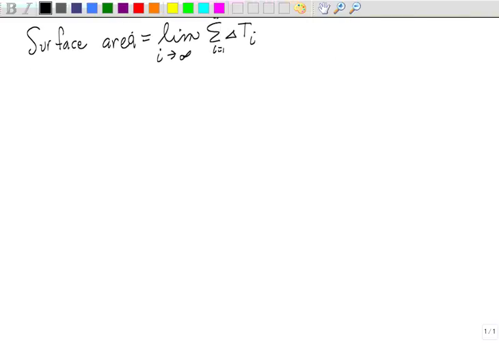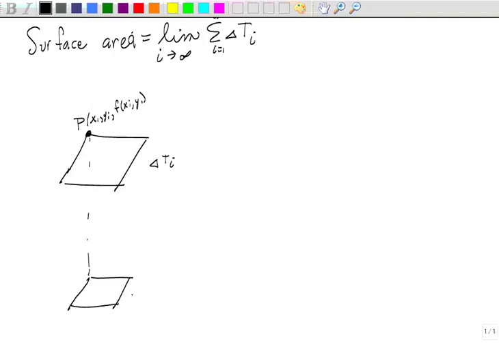All right, now here's one of the delta T's. We're going to pick a point in the corner, and that's going to correspond to this point in R. So this is in the xy plane.